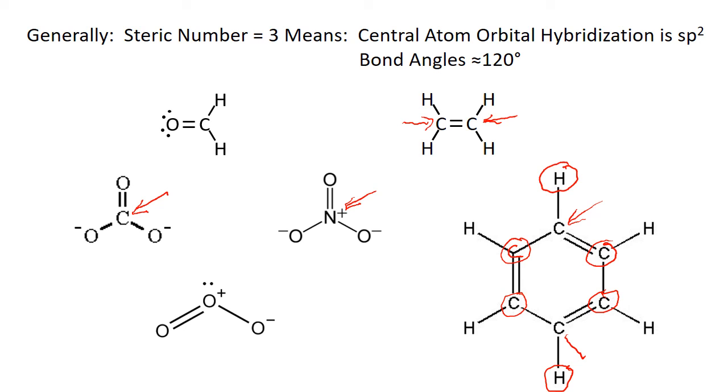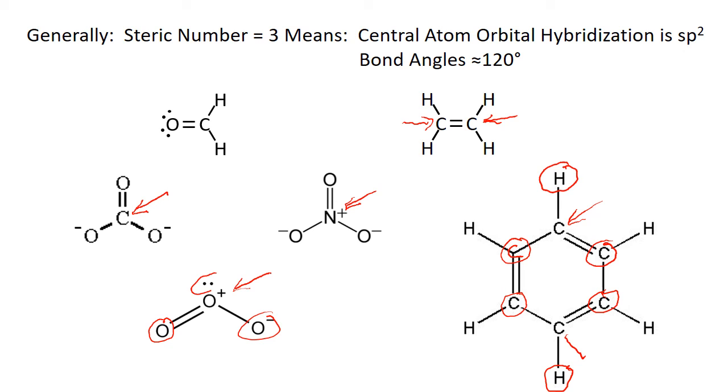Lastly, let's look at ozone, the O3 molecule. Now that consists of an oxygen central atom with a double bond to an oxygen on the left, single bond on the right. I have a formal plus charge on the central oxygen atom, a minus charge on the singly bonded oxygen atom on the right. Steric number is 3 because I have 2 bonded atoms, here and here.